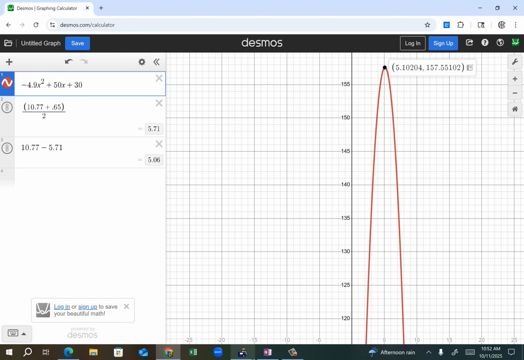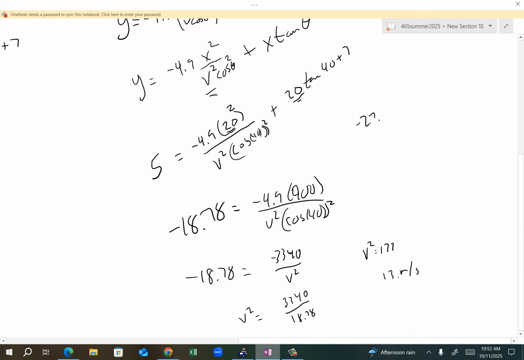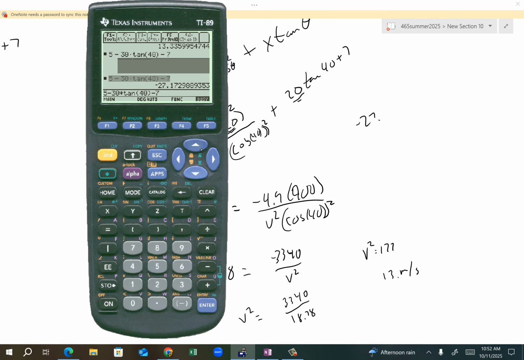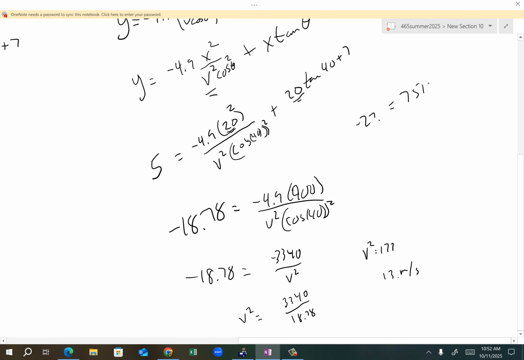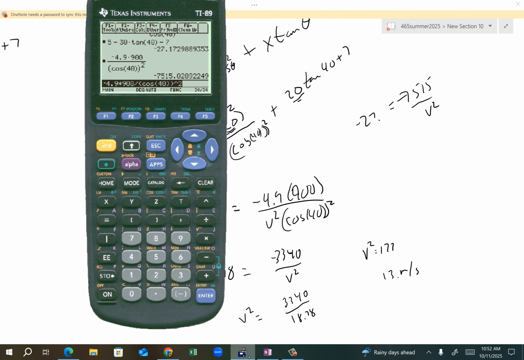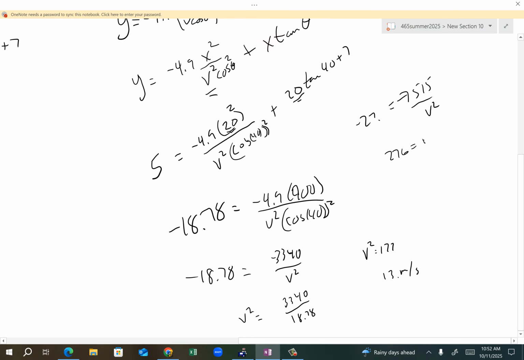And then negative 7515 over v squared. So if you take 7515 and divide, you get 276 equals v squared.